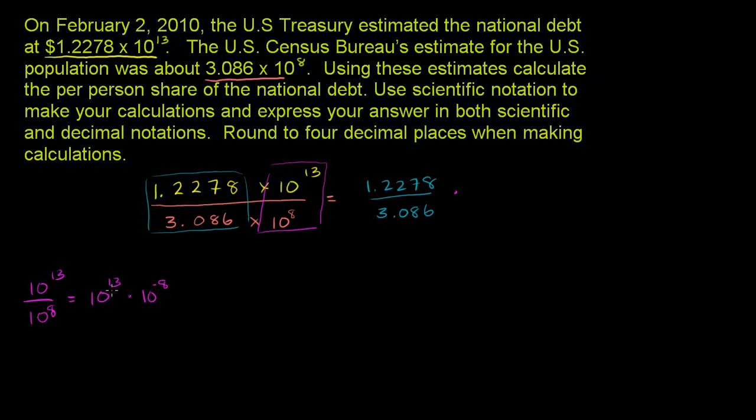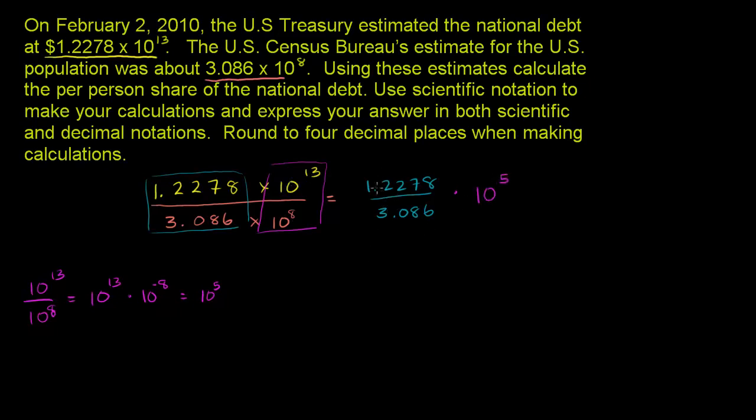So you have the same base 10, and 10 to the 13th times 10 to the negative 8 is going to be 10 to the 13 minus 8, which is 10 to the 5th. Or another way to think about it, if you have the base in the denominator, you subtract the exponent. So it's 13 minus 8, 10 to the 5th. So it's this blue expression times 10 to the 5th.